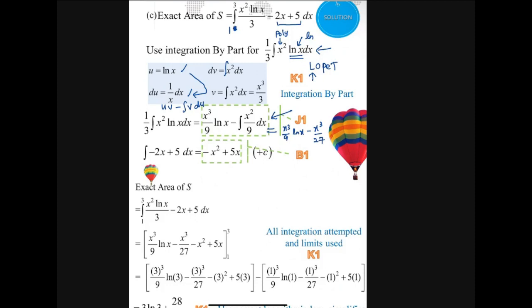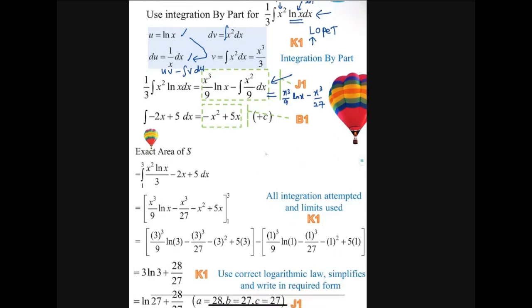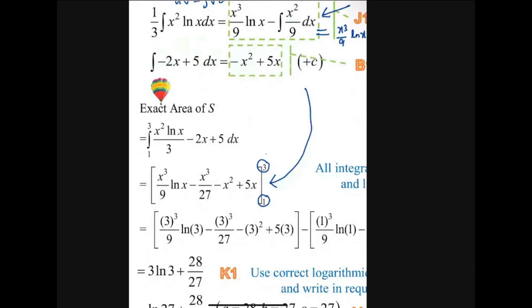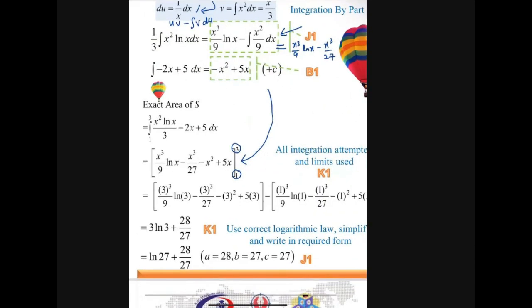So we settle with the first function. And then for the second function just now, negative 2x plus 5, directly integrate with no problem. Straight away we get negative x squared plus 5x. Okay, so I combine everything now in our final answer with the correct limit from 1 up till 3. And then you must show you substitute the limit.